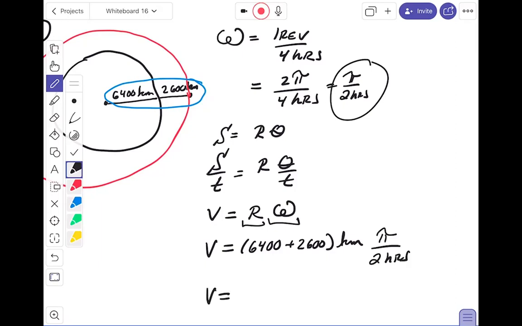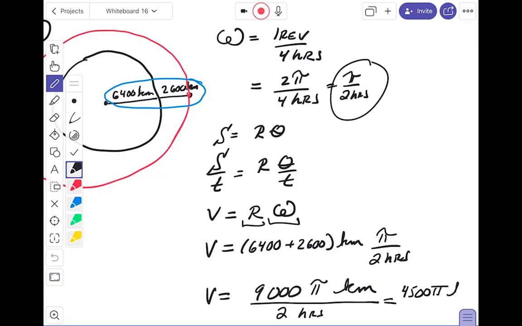V equals 6,400 plus 2,600 is 9,000 pi kilometers, just reading what I have above the line, over 2 hours. What's that going to be? Well, that goes in 4,500 times, right? Kilometers per hour.